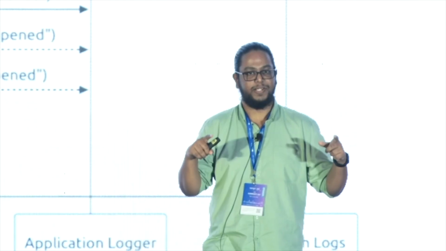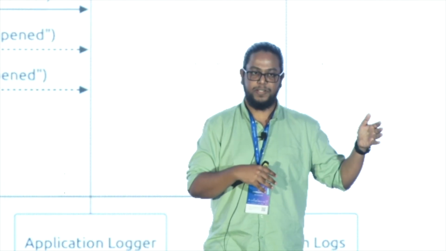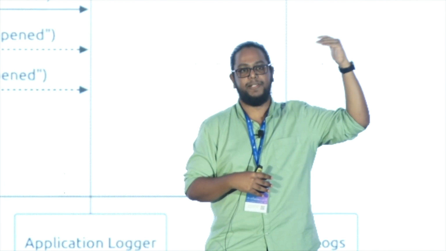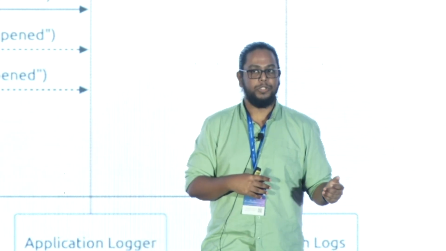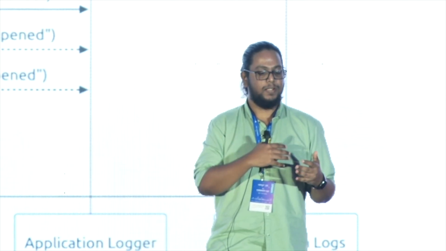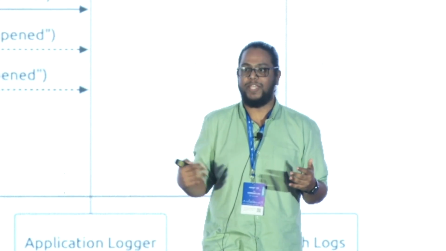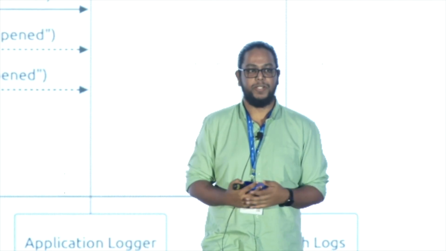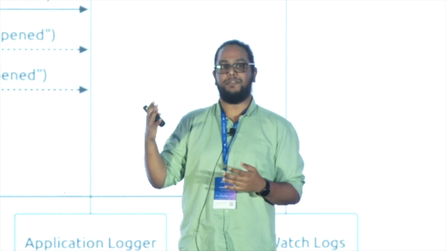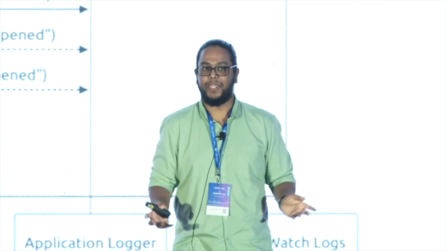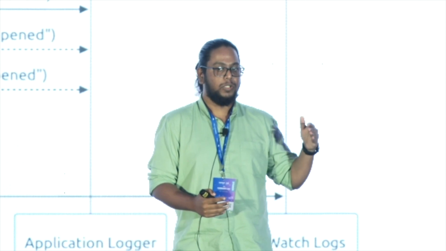If you remember from one of the slides, I had different levels from critical to info. You can say anything below debug or below info, I don't want to log, because it's just noise for me to look at when I'm debugging in production.